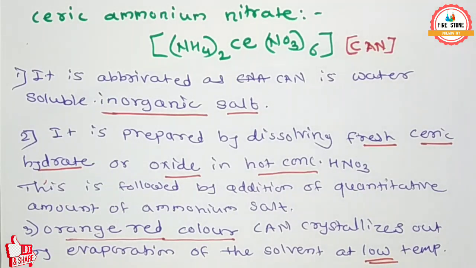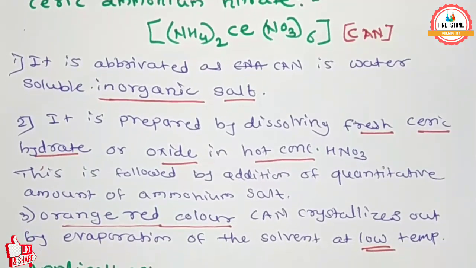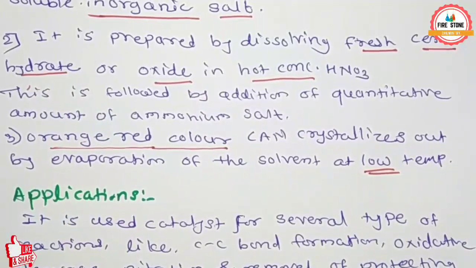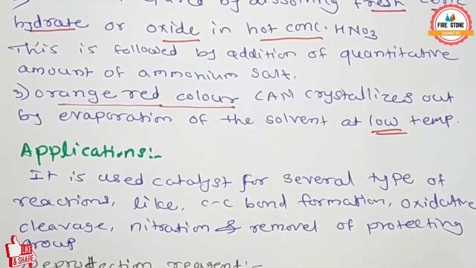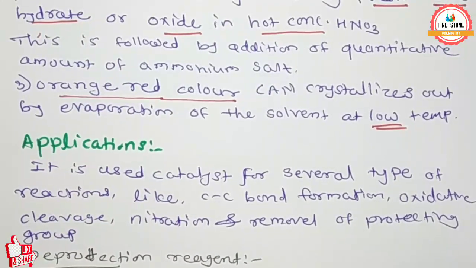So by evaporating the solvent of the reaction, we get the orange red CAN crystals. So this is the preparation method.